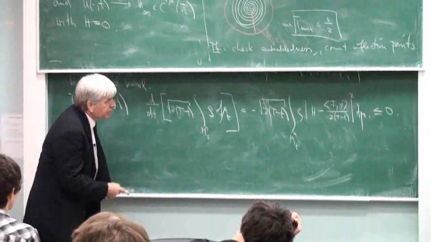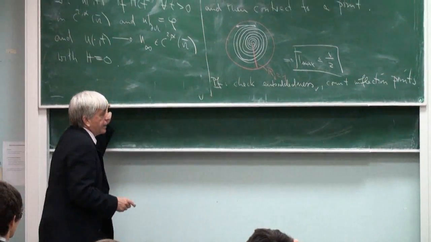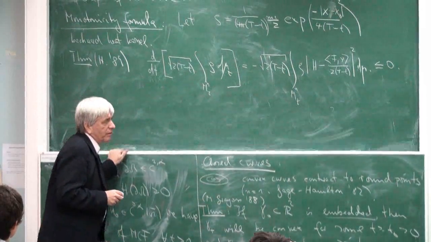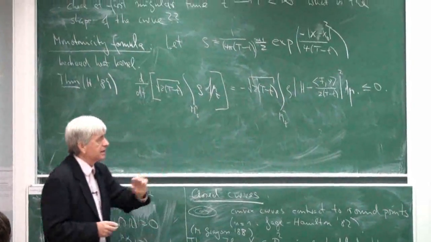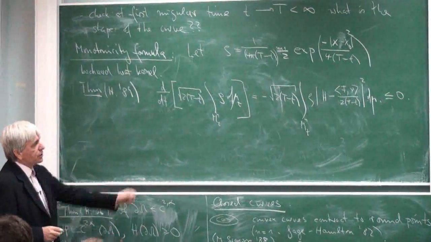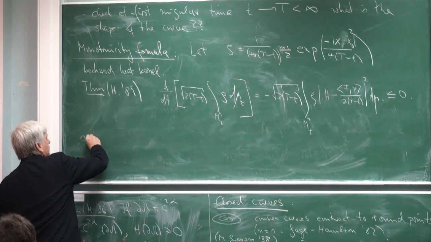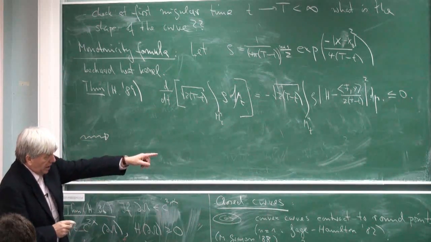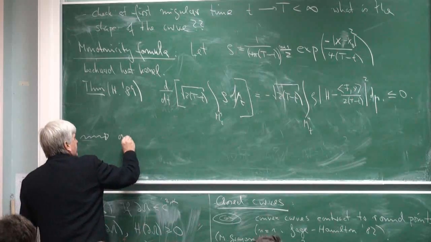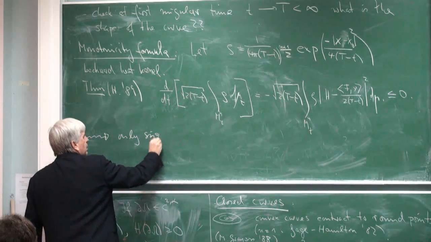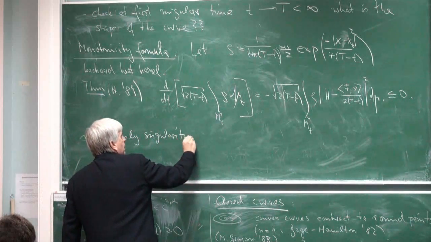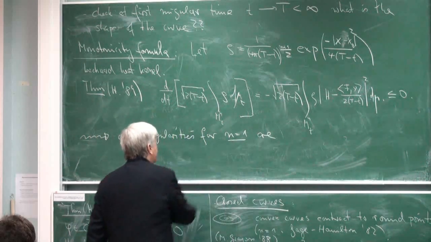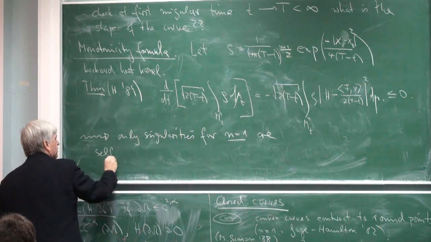So you use this formula, and there's one step I'm going to omit: you also have to rule out the translating ones. It's a separate argument. But you can use this monotonicity formula, with some extra work, to show that the only singularities for n equals 1 are self-similar shrinking curves.